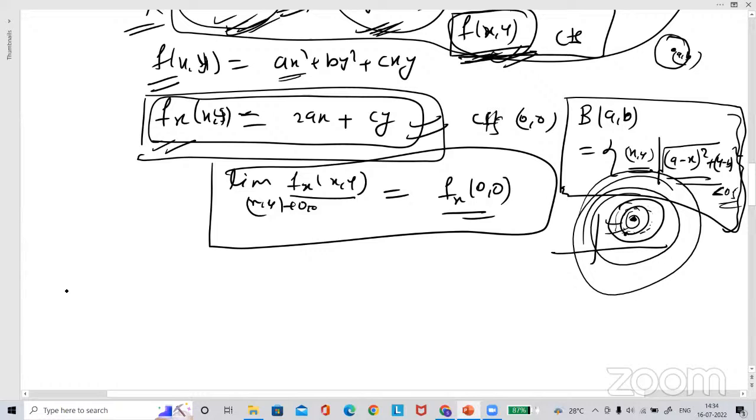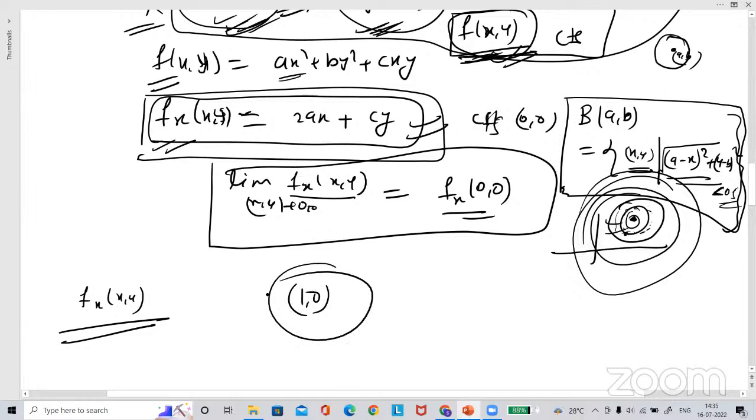Like when I'm telling partial derivative with respect to x, can you tell me in which direction I'm asking? X-axis. X-axis means (1, 0). So the directional derivative in the direction of (1, 0) is actually a partial derivative.